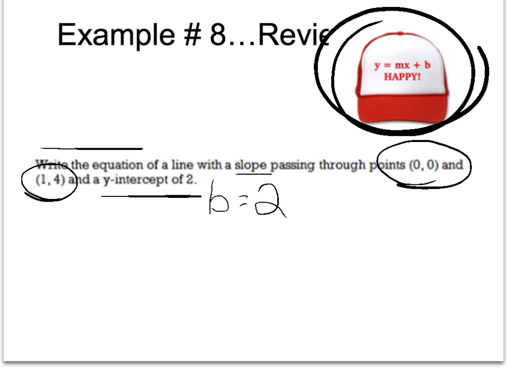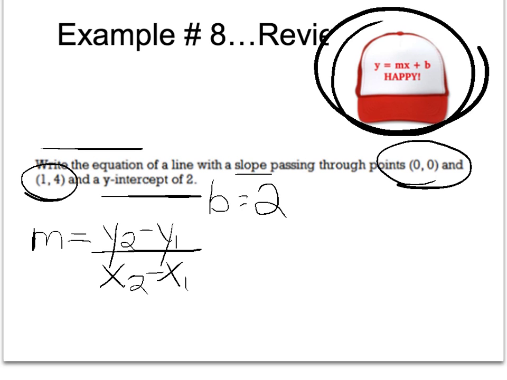Still going to use that happy hat, y equals mx plus b. But I do need to find the slope of this line by doing the slope formula. Remember, the Regents will give you the slope formula, but you really should know it and be able to apply it. So m equals, here's my x1, y1, and here's my x2, y2.